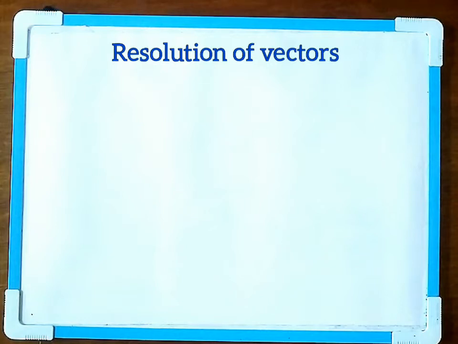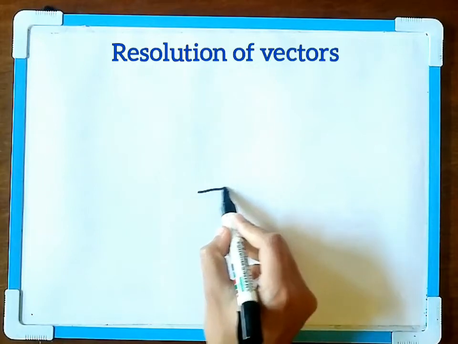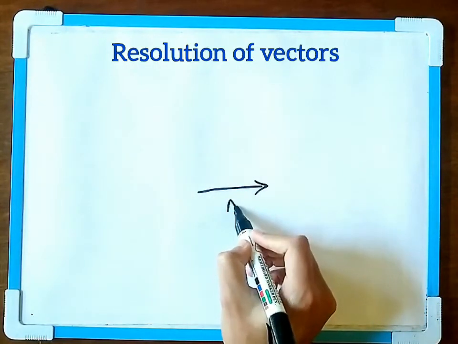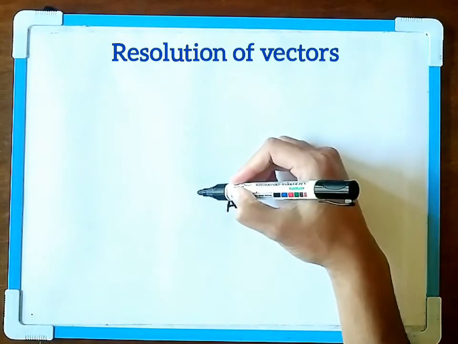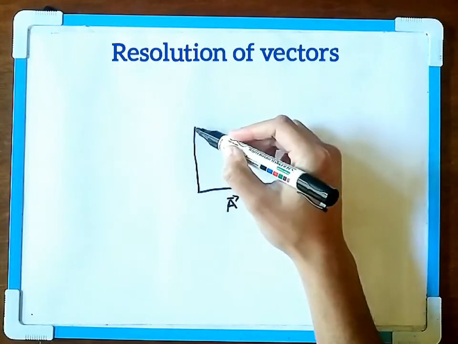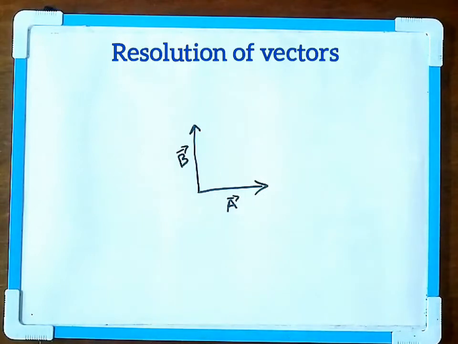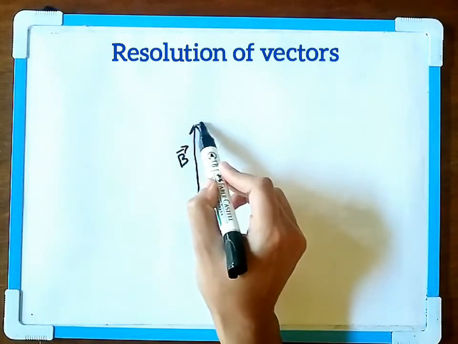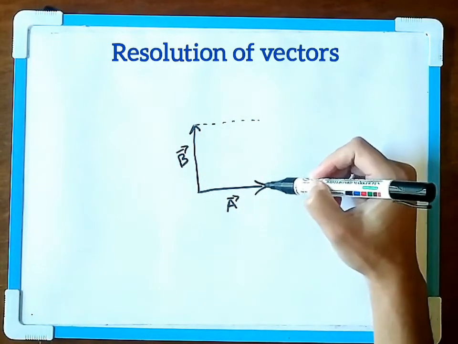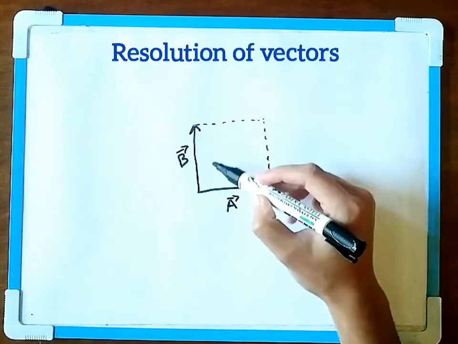In the last lecture, we have learned about the addition of vectors. We know that if we have two vectors A and B acting at a point, then the resultant is given by the diagonal of the parallelogram.